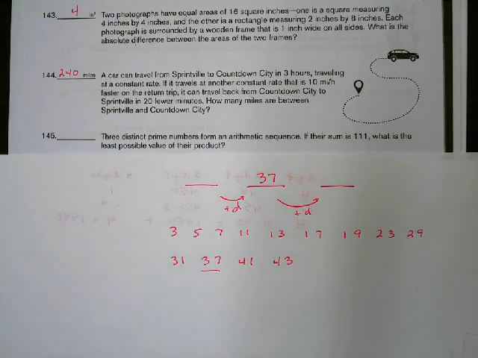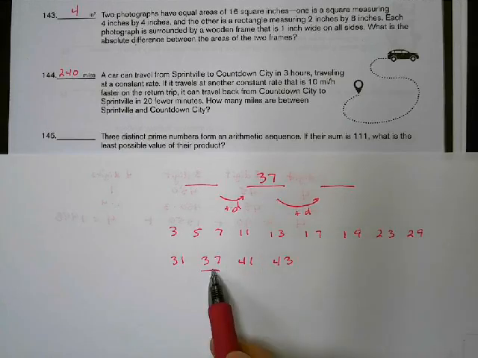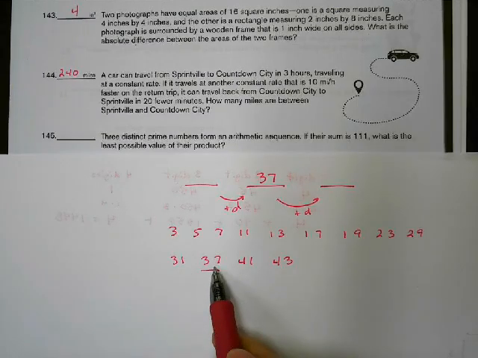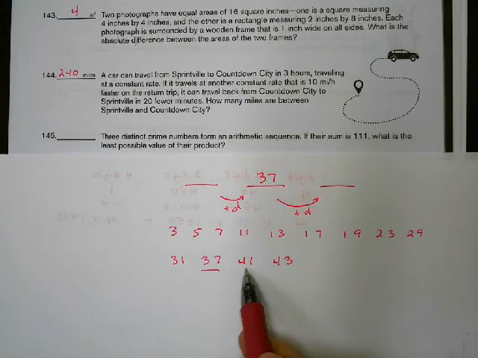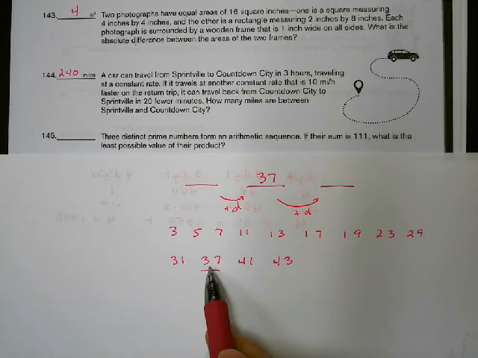I can't use 41 and 31. The reason why I can't use 41 and 31 is because from 37 to 41, that increases by 4, but going this way, from 31 to 37, it increases by 6. So I need to find numbers on either side where we're increasing by the same amount.